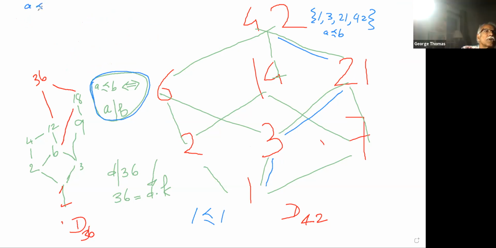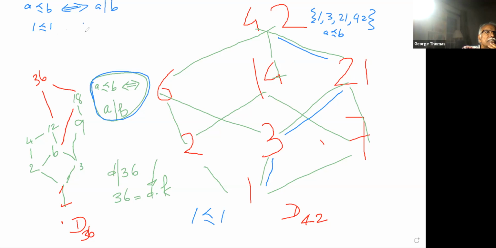A less than or equal to B if and only if A divides B is the condition. Then 1 is less than or equal to 1, therefore we have reflexivity. 3 is less than or equal to 3, and so on.